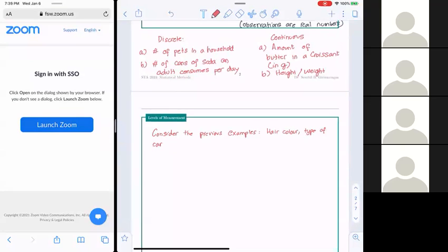In the sense, I'm not going to say, oh, brown is better than black or gray is better than red. So there is no natural ordering whatsoever. And the same with the type of car. There is no natural ordering. So since there is no ordering in a categorical variable, we call that a nominal level of measurement.